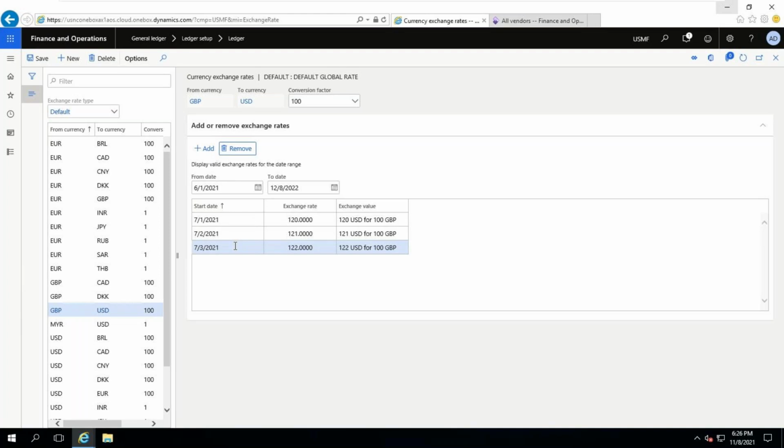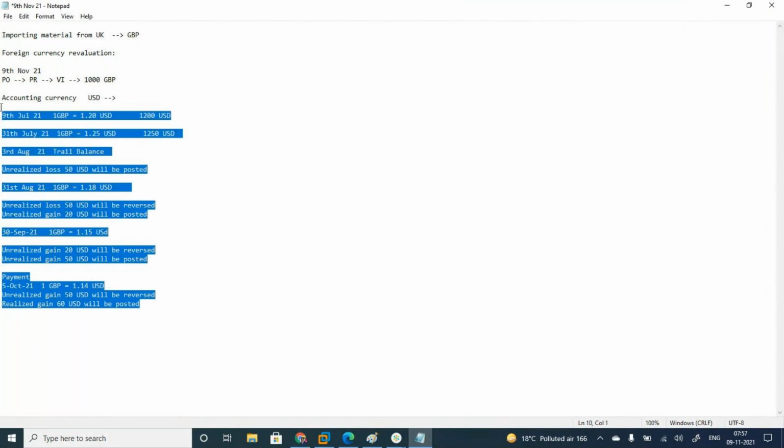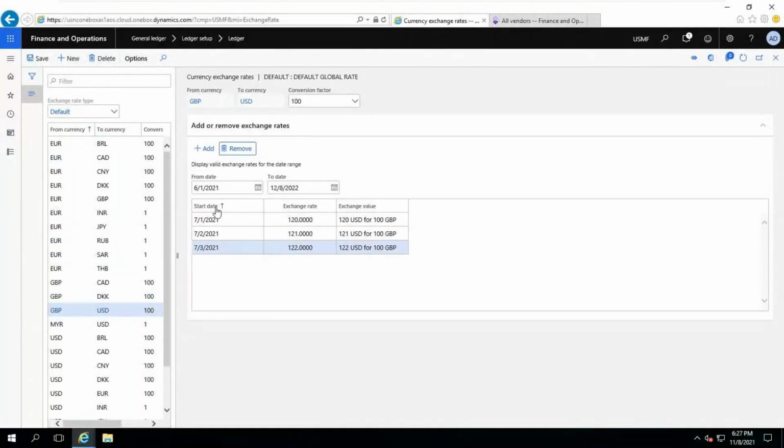For better understanding, because we need to train business people about this functionality, you need to be aware of all these things. That is the reason we are doing this. But the functional consultant will not do this data entry.